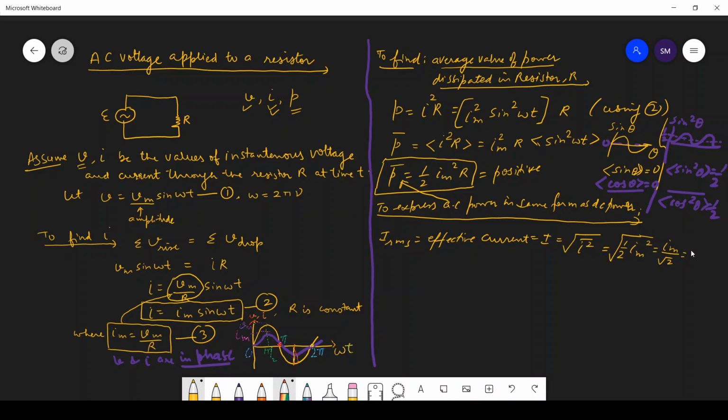You can write it as 0.707 Im. So this is what we need to define.